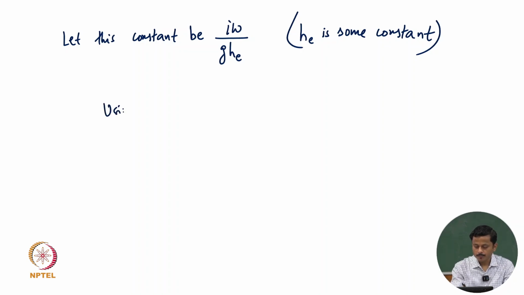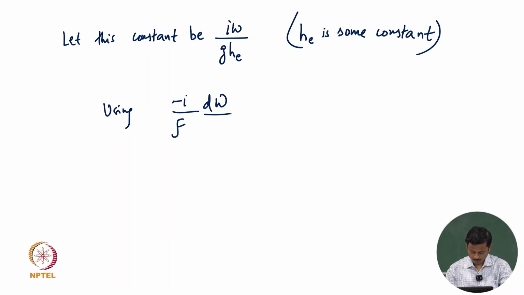Now using minus i f, script d w del z, that is the right hand side of the last equation.